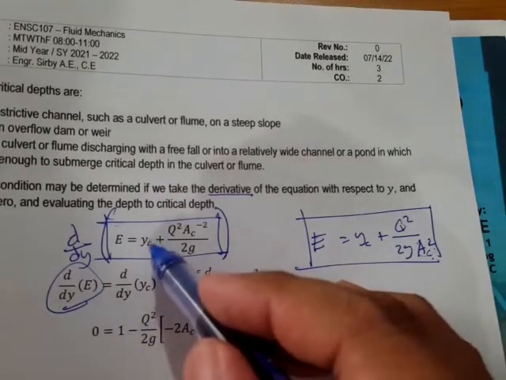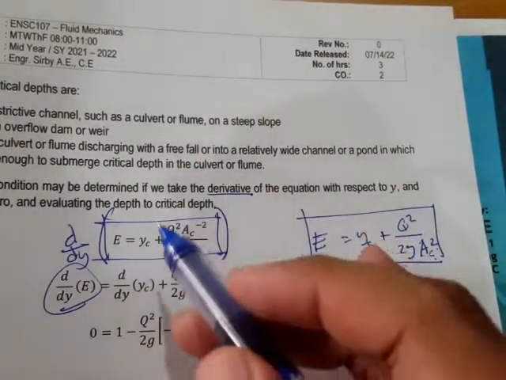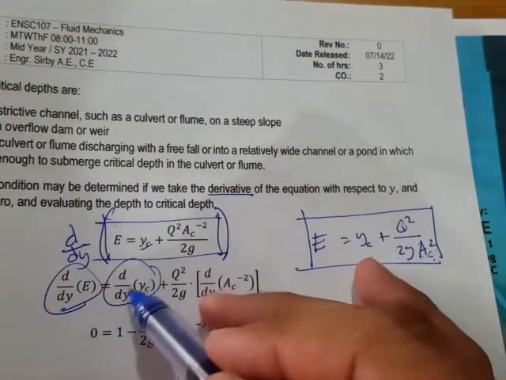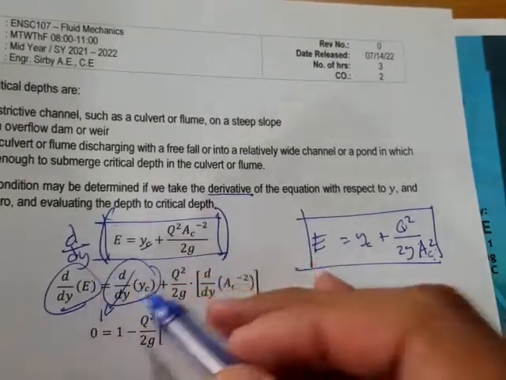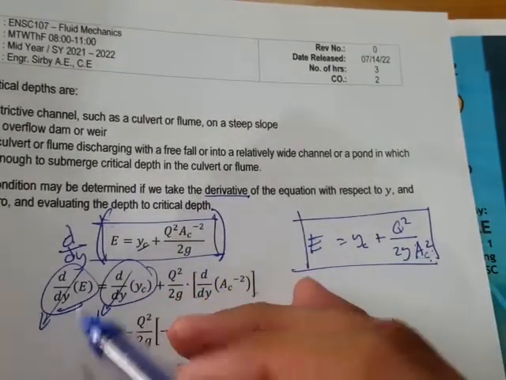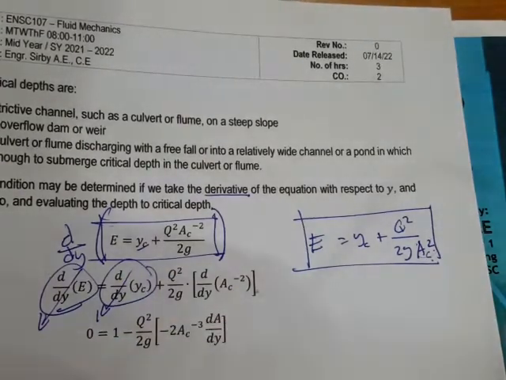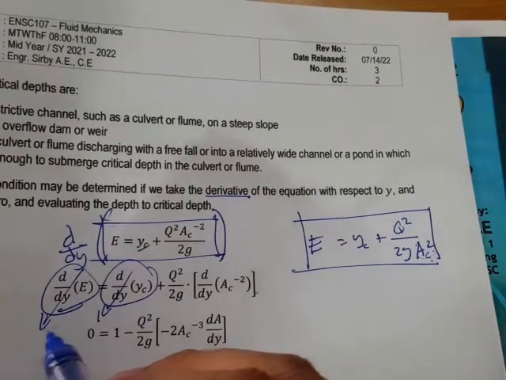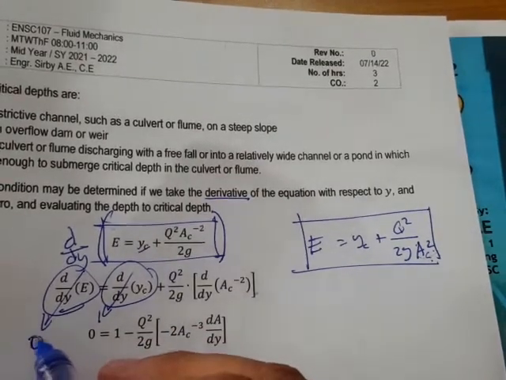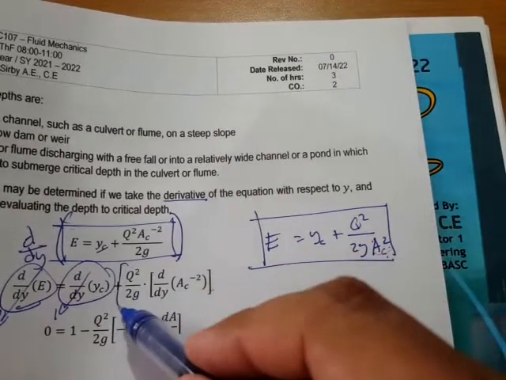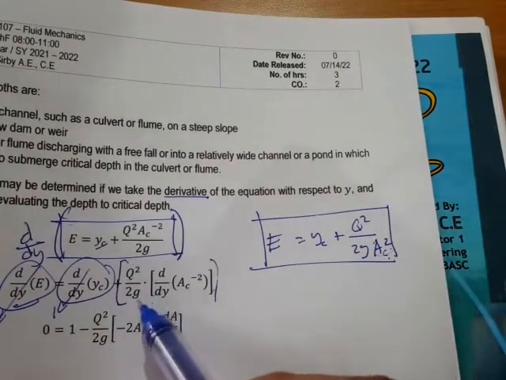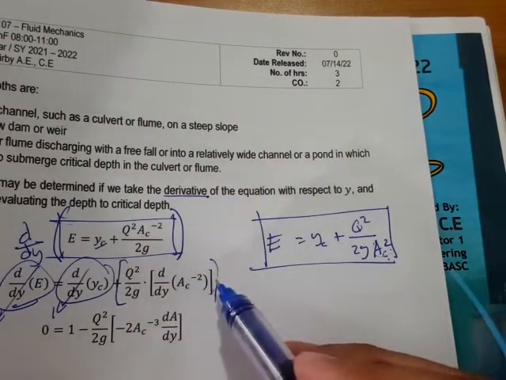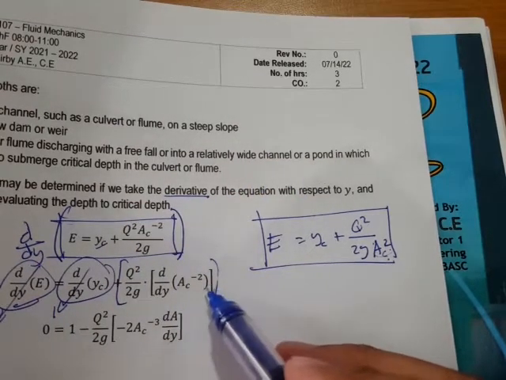And the derivative of y_c with respect to y is just equal to 1, right? And since we are looking for the minimum value, this will be equal to 0. We set the slope to 0. And for this term, we have Q squared divided by 2g. That's a constant term, and that's why it's taken out from the derivative operator.